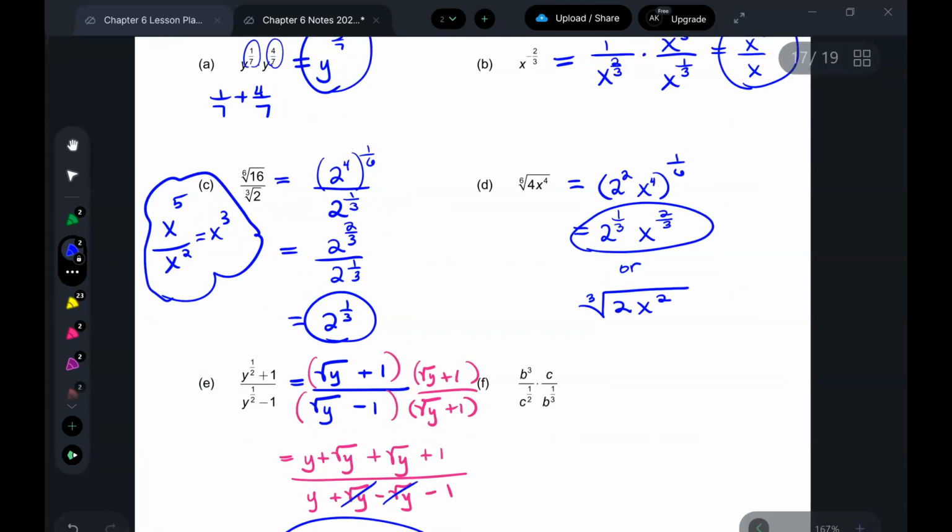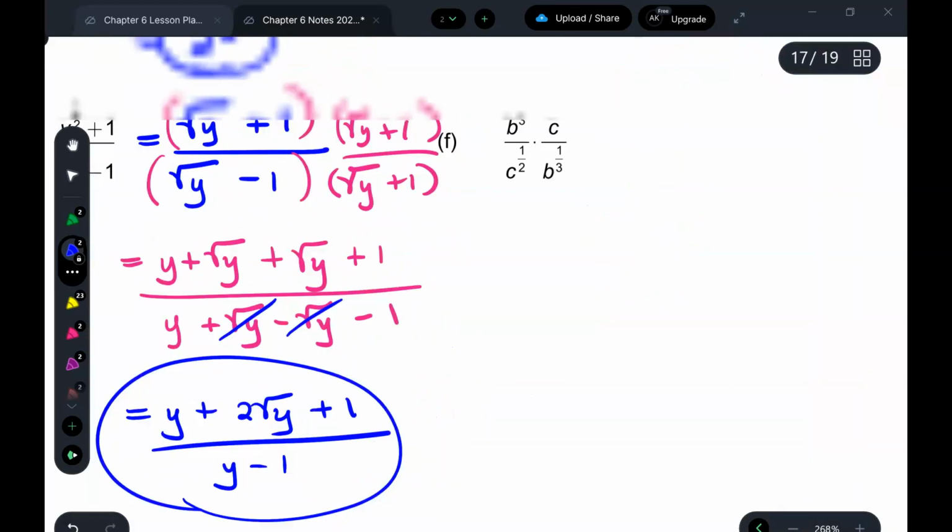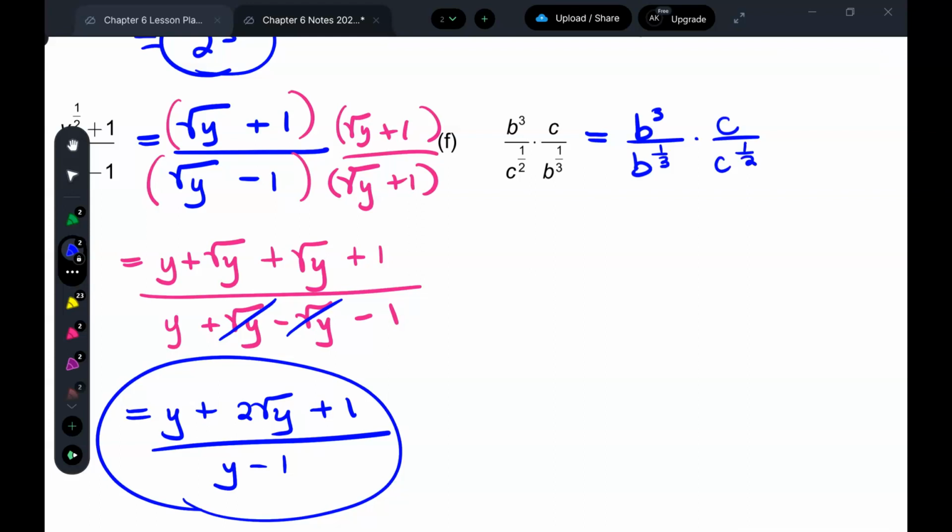If I have x to the 5th over x squared, what do I do with the exponents? Subtract them. So let me just rearrange these. Let's make it b to the 3rd over b to the 1/3 and c over c to the 1/2. It doesn't matter if you have 2 times 3 or 3 times 2, it's the same thing. So I can put the b's together and then the c's together.